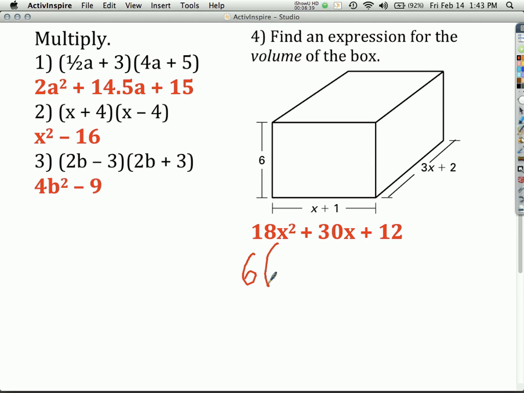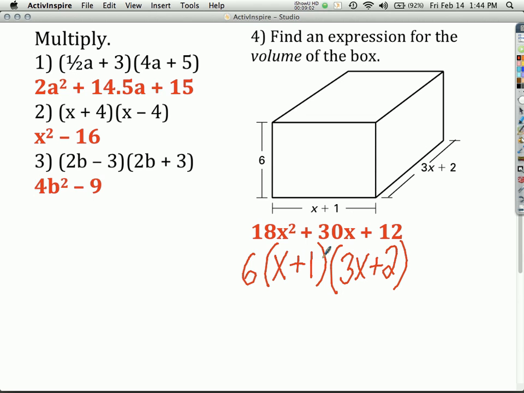You did 6 times x plus 1 in your head right away, and then multiplied it by the width, 3x plus 2, and you already caught your mistake that you distributed incorrectly here. Very good. Outstanding.